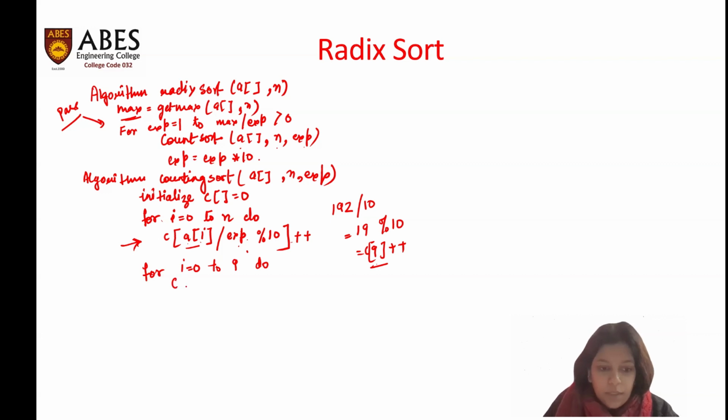We have to write Ci is equal to Ci plus Ci minus 1. Right? So in this way, we will get the counting array, and now it will store the cumulative frequency, such that we will come to know how many numbers are less than or equal to any index.